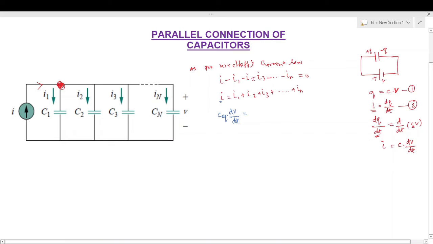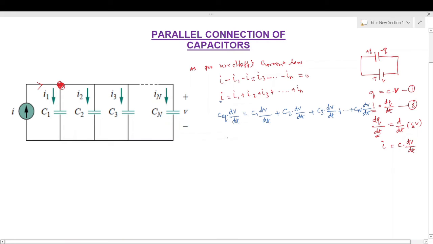So it will be C1 and voltage is constant, so we write dV by dt, and in the same manner for all other current terms. I2 will be the current flowing through C2, so we will write C2 dV by dt, plus I3 is the amount of current flowing through C3, so we will write C3 into dV by dt, and so on. The nth capacitor will be Cn and voltage will be dV by dt.